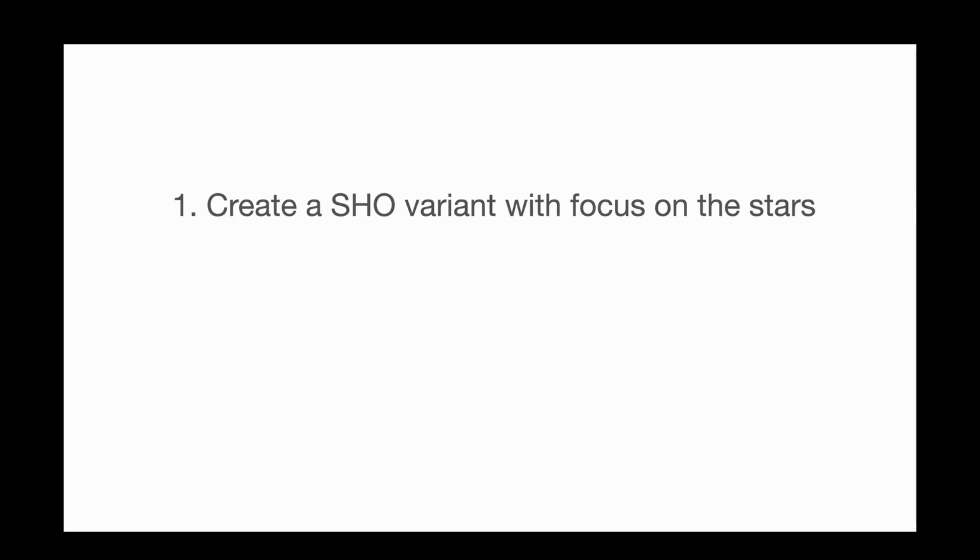I'm only looking at the stars, not the nebulosity, because the next step is to create a starless S, H and O data. So I will have SHO stars, I will have O stars, S stars, and H stars. I will have 4 different types of stars, and I will also have 3 different starless files.